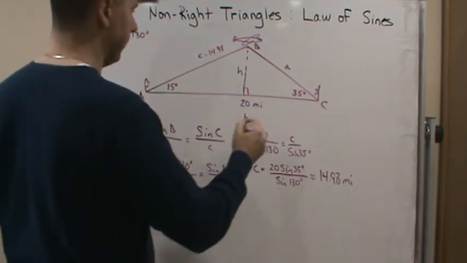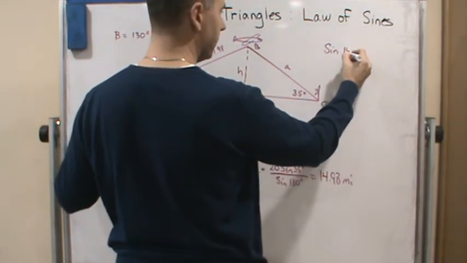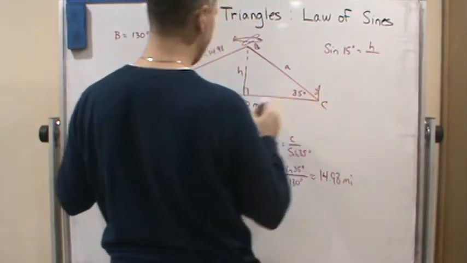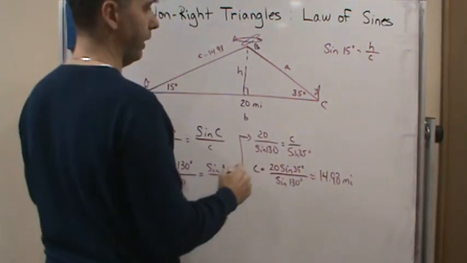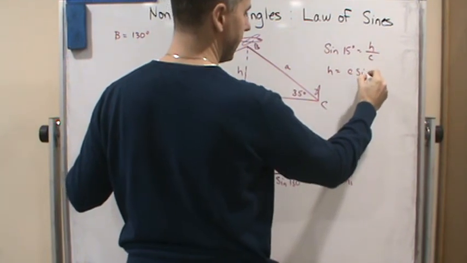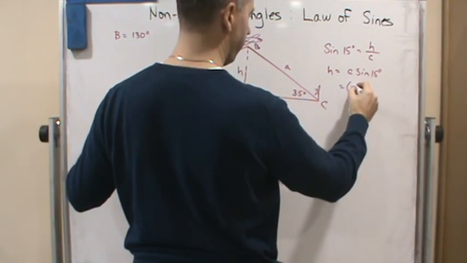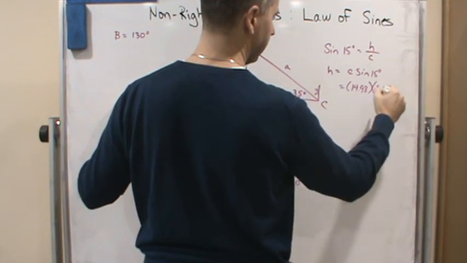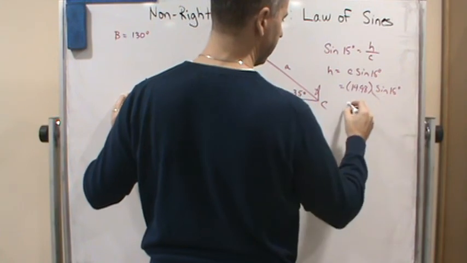So that's what we're going to do. Sine of 15 degrees is opposite over hypotenuse, which in this case is c. And so h is equal to c times the sine of 15 degrees, which is 14.98 times sine of 15 degrees.